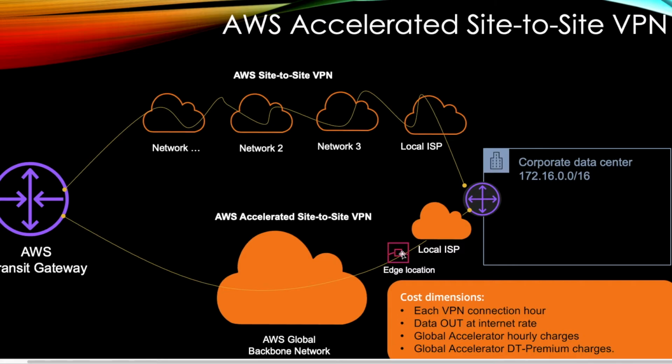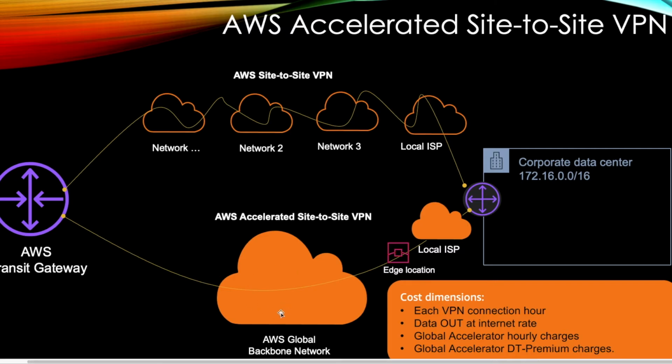But these edge locations are so near to your on-prem data centers that the path followed by the traffic through the local ISP or the internet will be very minimal as compared to your normal site-to-site VPN connection. And as AWS is providing you that edge location and letting you use their global network, they will charge you a premium for that.